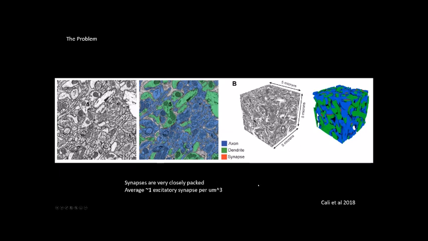Electron microscopy, this slide here, shows us that the mean intersynaptic distance is less than 1 micron. There's a little bit more than 1 excitatory synapse per cubic micron in the neuropil of the brain, which means that with the glue sniffer that I showed you a moment ago, we're sampling something like 30 synapses.